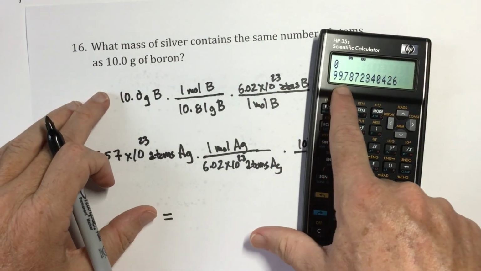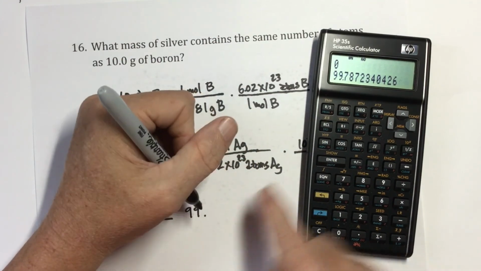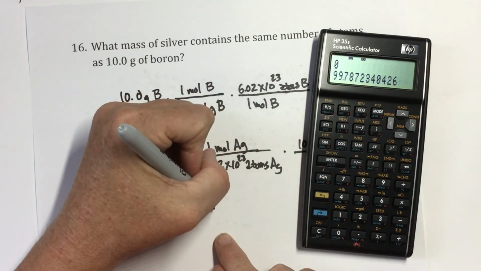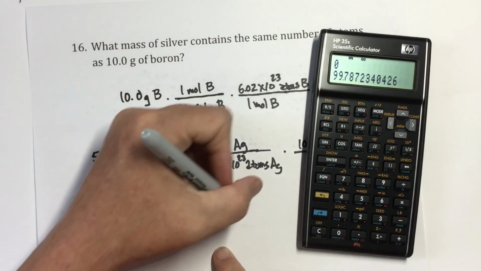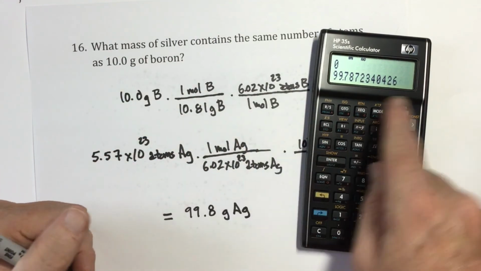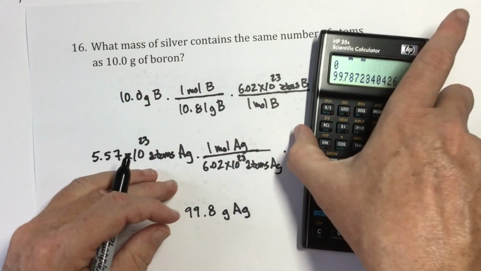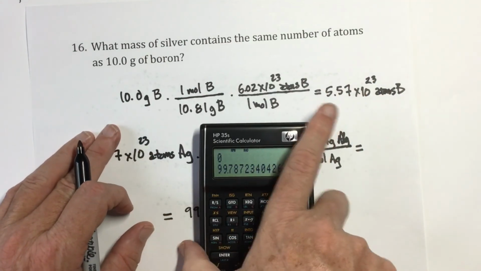My calculator screen shows 99.78. So this should be 99.8 grams of silver.